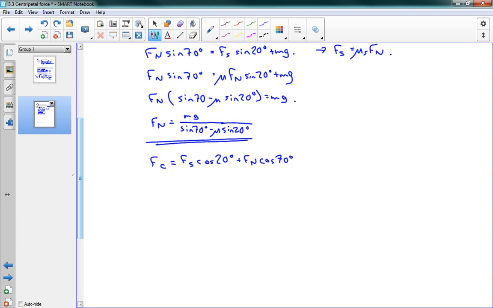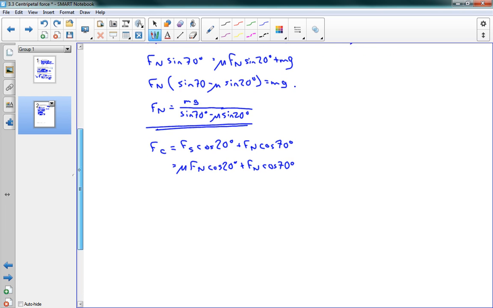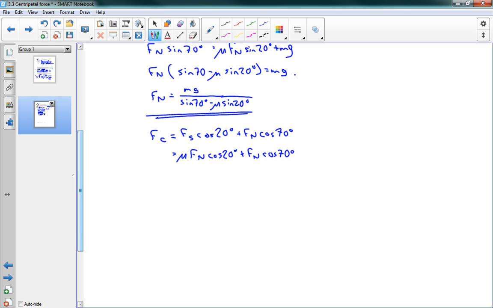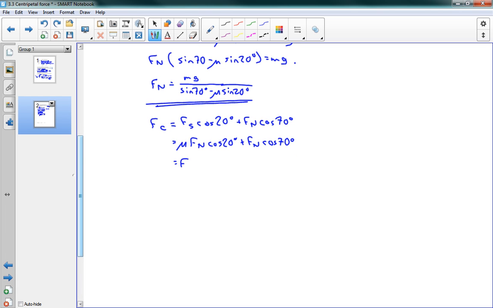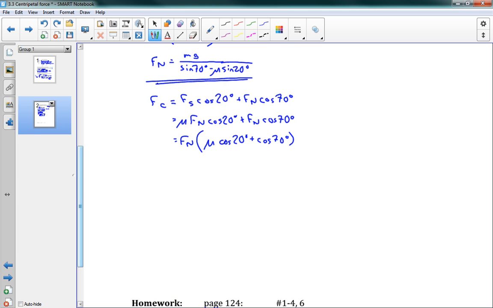And I can just clean this up a bit by getting rid of Fs. Remember we said that Fs is mu Fn, and I'll just put in the rest here again. Okay, and now I can summarize this to say Fn times mu cosine 20 degrees plus cosine 70 degrees. Finally, I have a value for Fn.